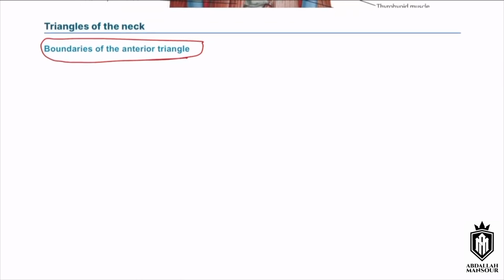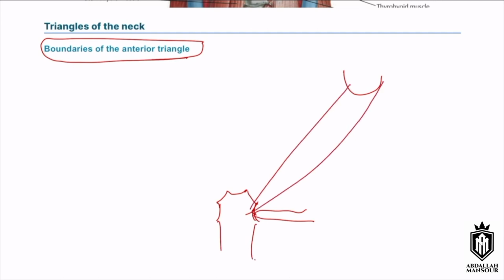If this is the mastoid process, and this is the clavicle and, obviously, the sternum attached to it, you have a muscle here coming all the way down, which is called the sternocleidomastoid muscle. Anterior to it is the anterior triangle, and posterior to it is the posterior triangle.